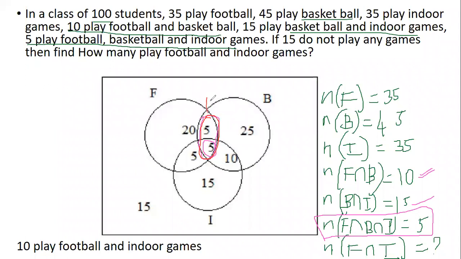Out of the 10, 5 already is taken by all the 3 games. So what is remaining? 5. So the remaining 5 is F intersection B only. Did you all understand?